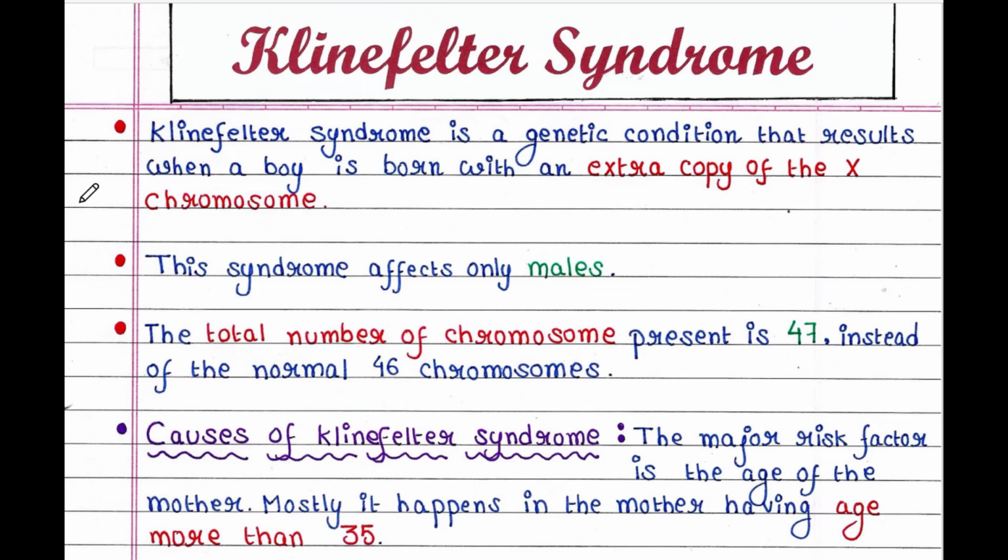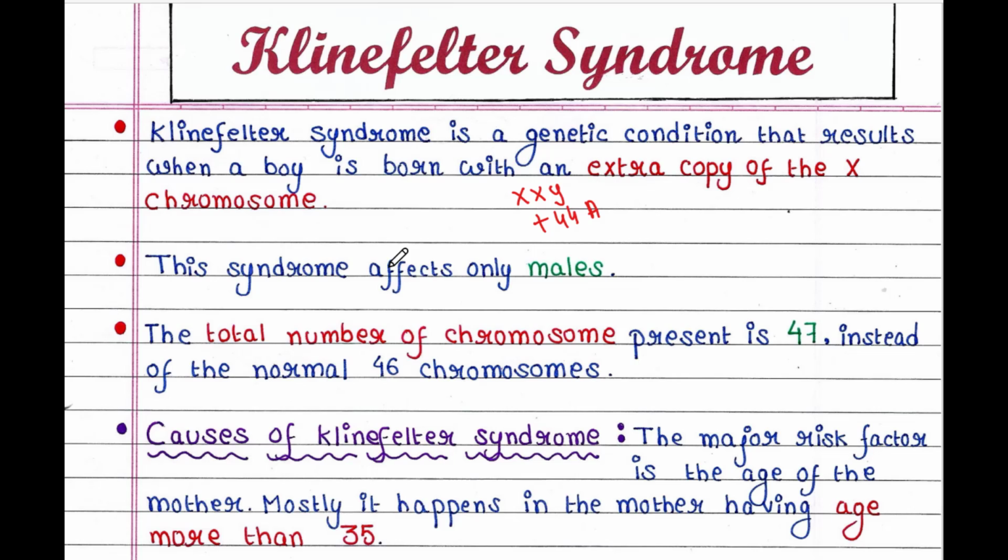So Klinefelter syndrome is a genetic condition that results when a boy is born with an extra copy of the X chromosome. That means they have 2 X chromosomes and 1 Y chromosome and 44 autosomes as usual.